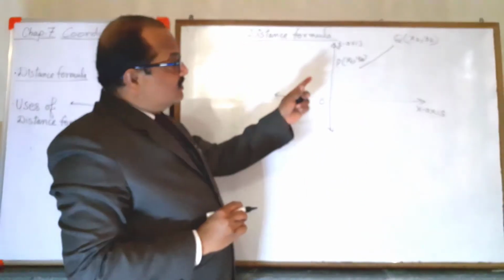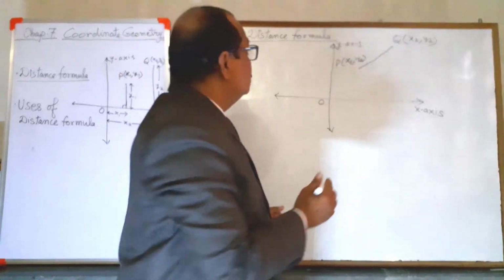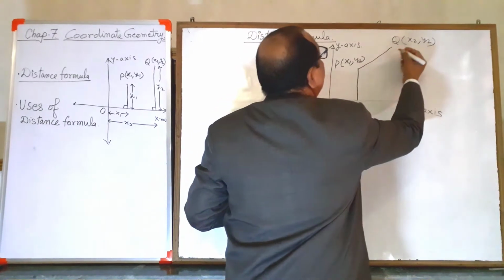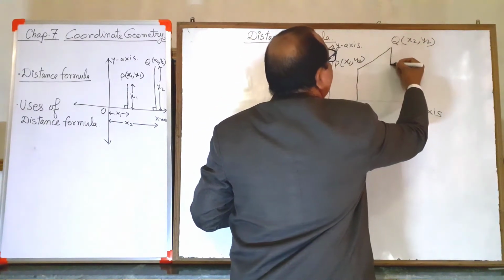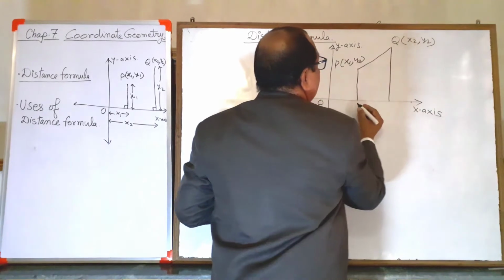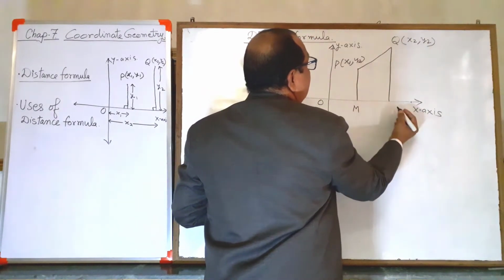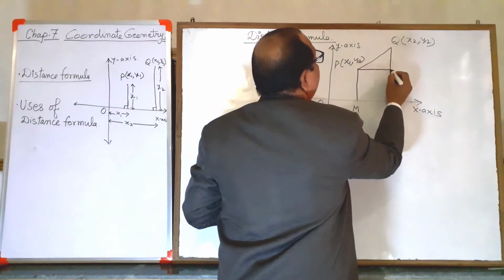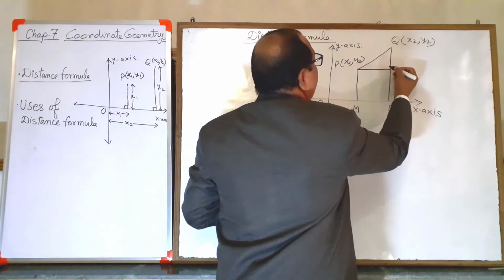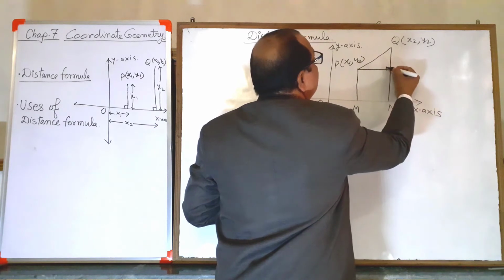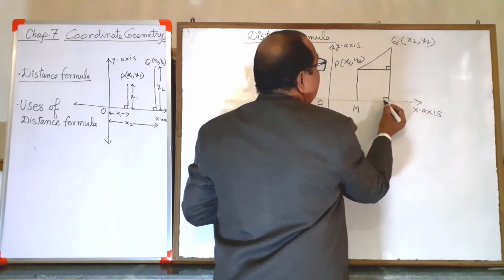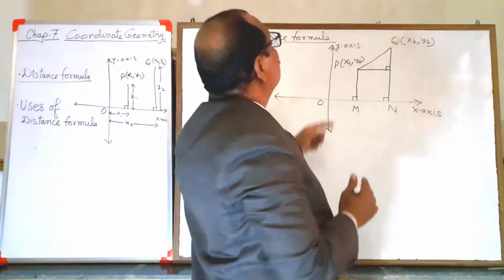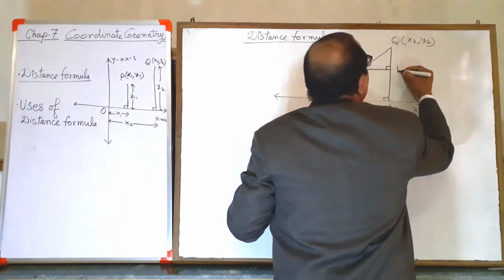For finding the distance between these 2 points, first we will drop perpendiculars from one point P and from another point Q. Suppose these perpendiculars are PM and QN. One more perpendicular we will draw from point P on QN. It is making 90-degree angle, these three angles, and suppose this one is PL.